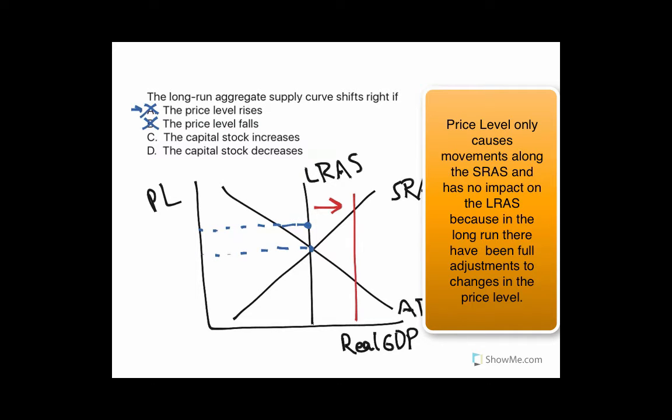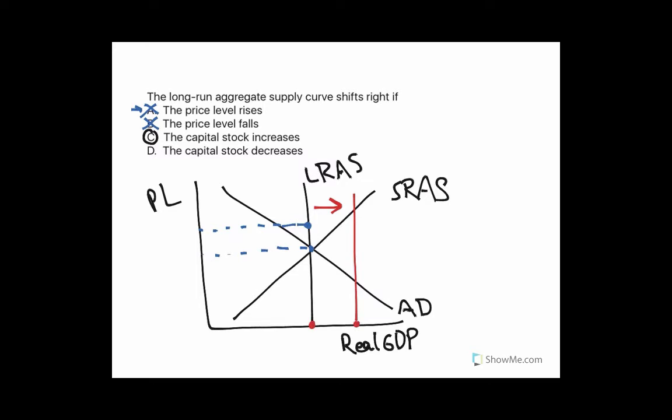So usually an increase in the capital stock will shift long-run aggregate supply to the right. Because a shift to the right, if you'll notice, it means we can produce more output. Like the natural level of real GDP goes up. So this question is answer C.